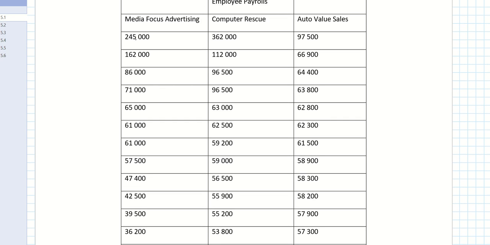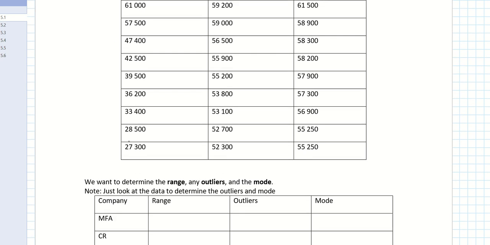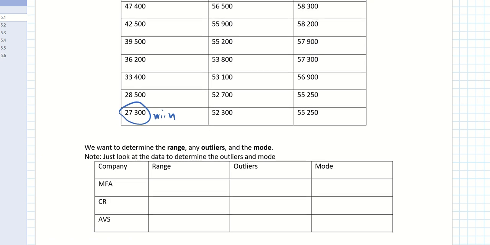So in this case, this is our maximum, and this one here is our minimum. For the first one, if you want to find a range, you're going to do 245,000, let's just write a K for thousands here, minus 27.3 thousand.